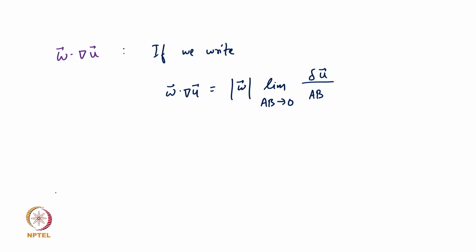We are writing this U dot del U term as this one. So AB are neighboring points on a vortex line.